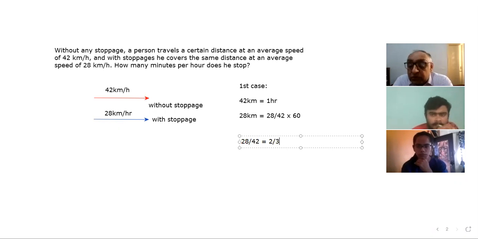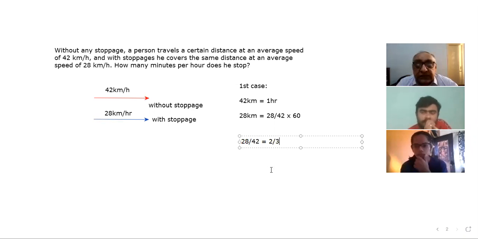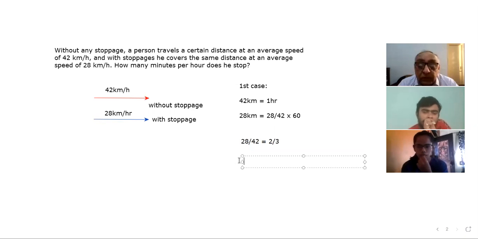Let me tell you, if you move 60 kilometers in 1 hour, then in 30 minutes, that is half an hour, you will move how much? 30 kilometers. So if the distance is two-thirds, the time taken will also be two-thirds of how much? Of 60 minutes.